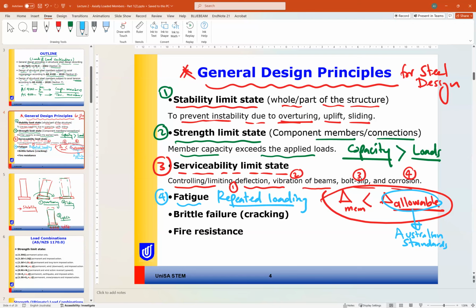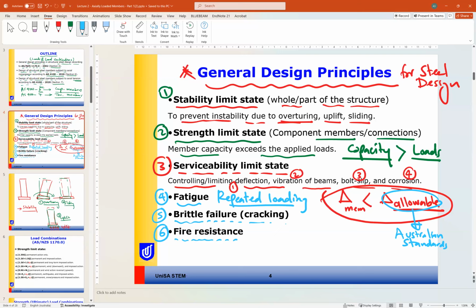Also in some cases of steel, we can have brittle failure of steel or cracking, and also in some types of structures which are affected by high temperature or fire. So we need to consider the fire resistance of the structure when we are designing it.